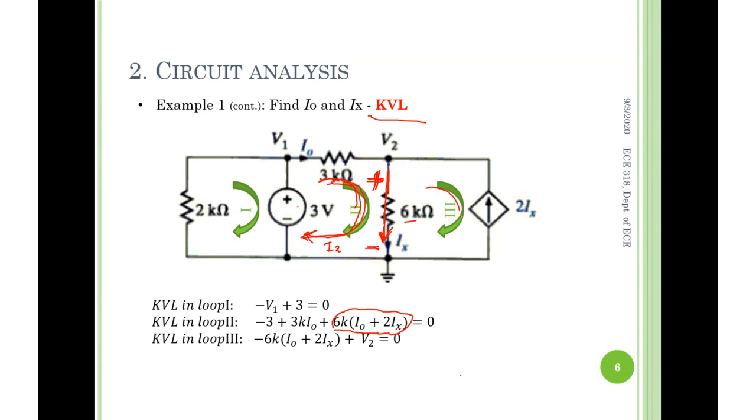Current in this loop direction like this, upward, we define it I3, right? But what is the current downwards going through 6K? It equals I2 minus I3. Does this make sense? And I2, I3 are respectively the mesh currents in loops 2 and 3.